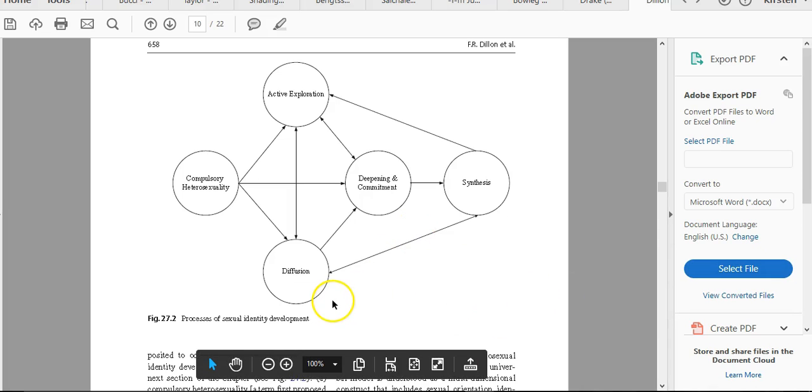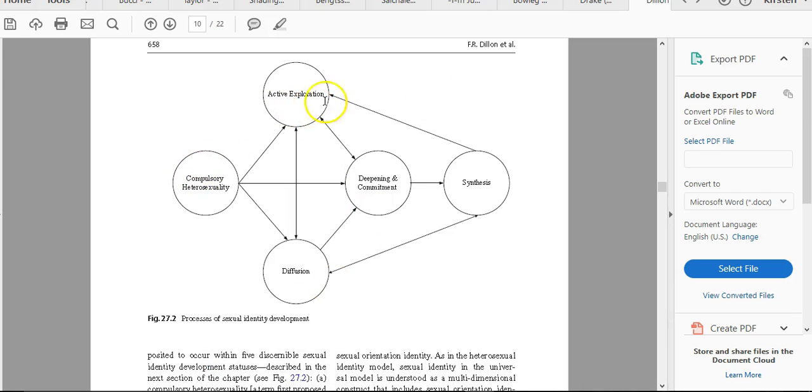The next, there are actually three options, but we're going to go with the move up to the active exploration phase. Active exploration is that purposeful exploration, evaluation, experimentation. It can either be cognitive, so just thinking about things, or behavioral, or both. And usually your exploration happening in this phase is goal-directed.